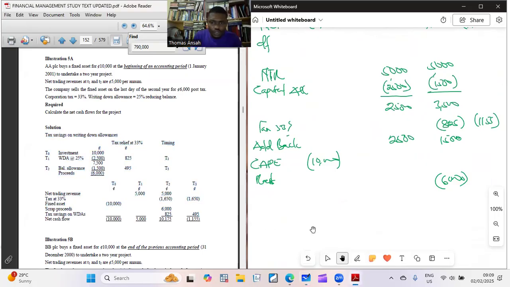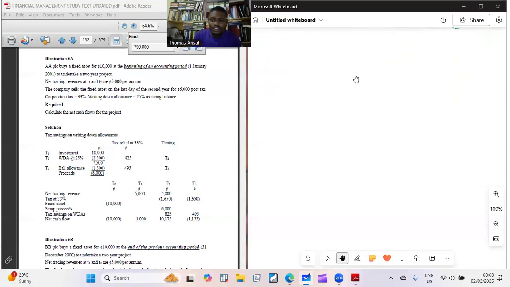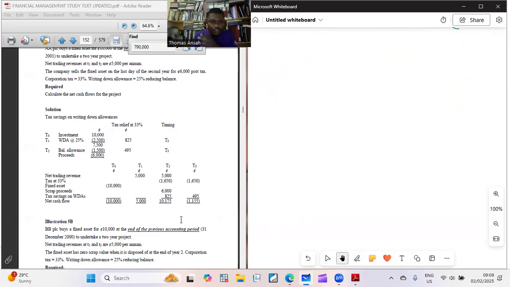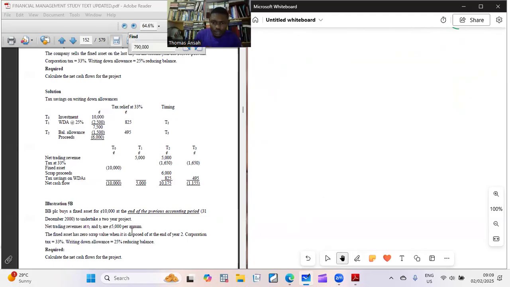All right. So now let's look at a situation where it is the end of the previous period. So this is how that one will be. Our capital allowance computation. Look at it. It was bought. So here we will say T0, the cash flow of 10,000.